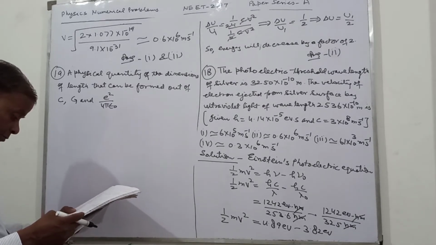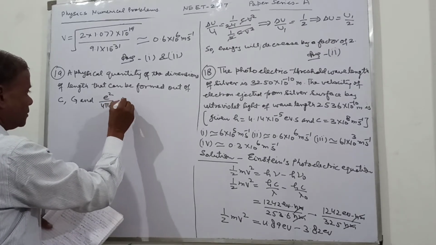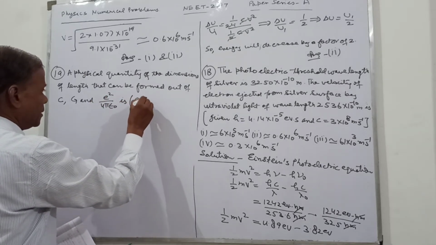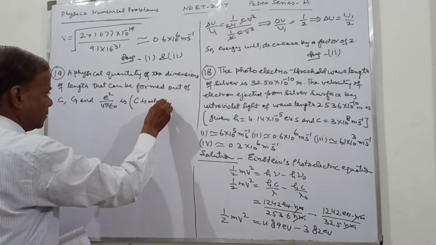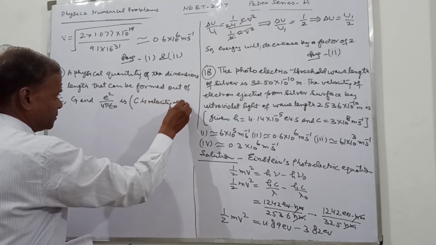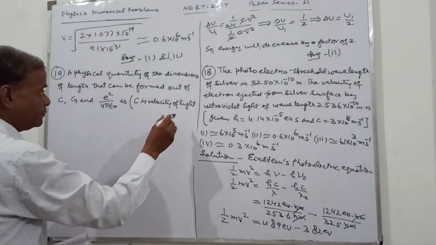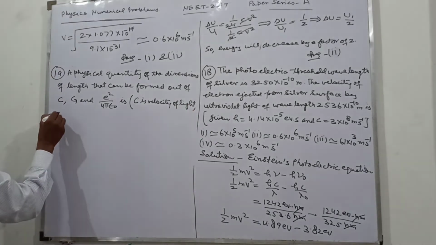Now, what is given is that C is the velocity of light and G is the universal gravitational constant.